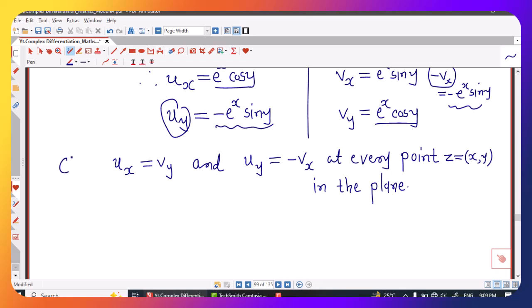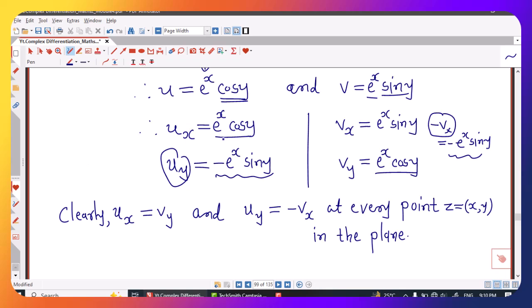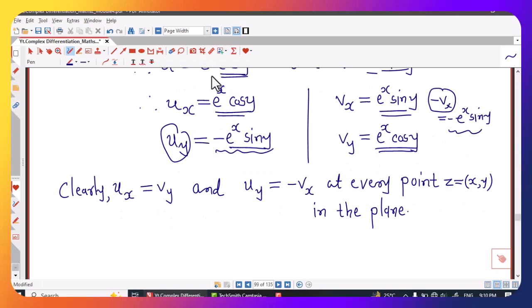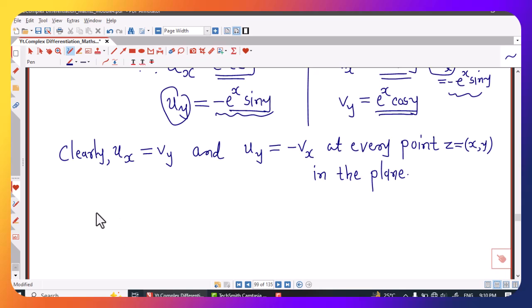So this is now satisfaction of Cauchy-Riemann equations at every point in the complex plane, and we can see that all these functions are clearly continuous functions of two variables. They are elementary functions, exponential and trigonometric functions, sine and cosine.